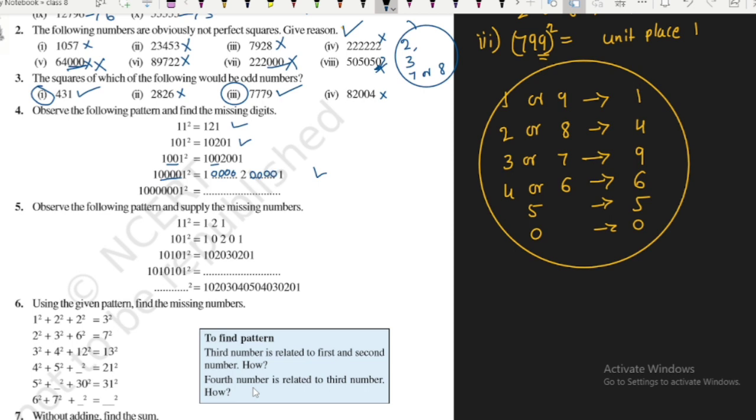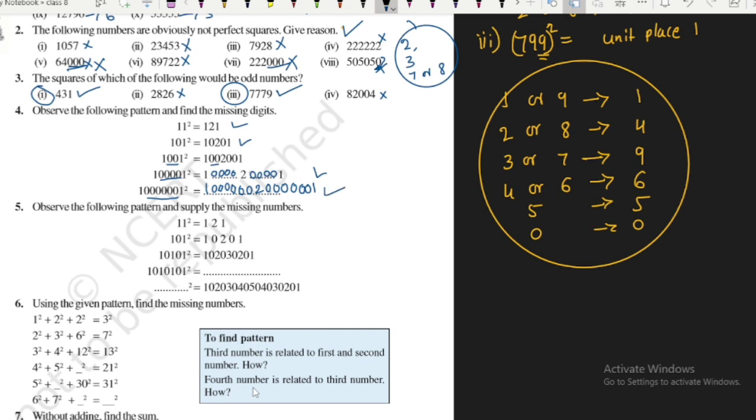This is the answer of this one. And for the next number, how many zeros are there between the 1s? Six are there, so you are going to write six zeros here, and again six zeros after the 2, and then 1. So this will be the answer of this pattern.